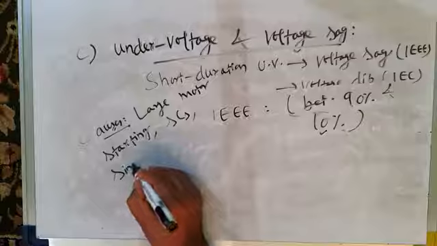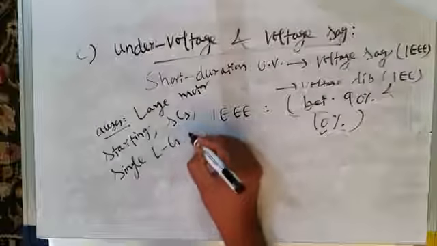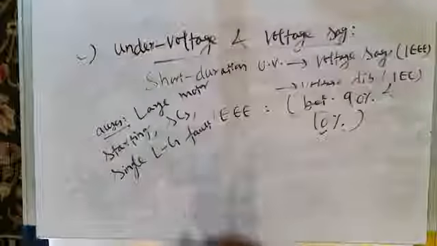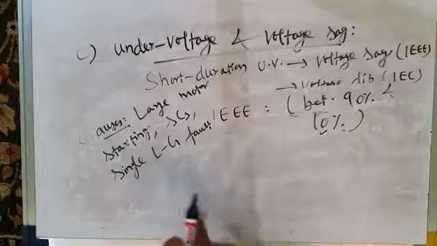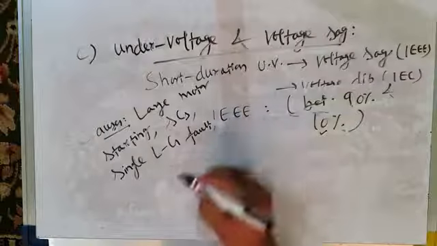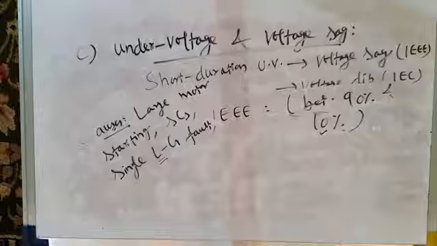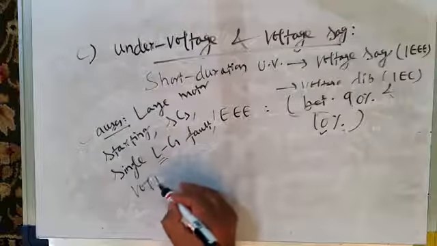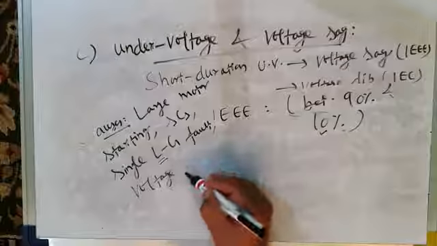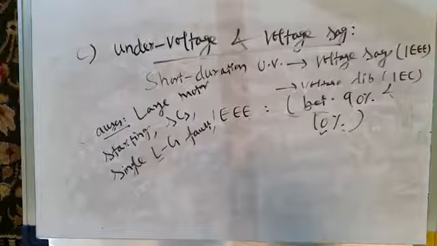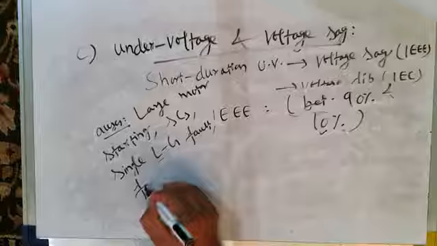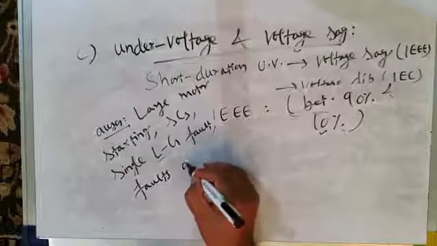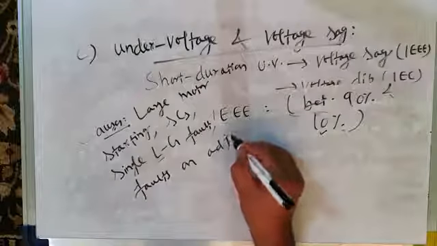A single line to ground fault will also cause a dip in the voltage, maybe of that particular phase or line. And then faults on adjacent lines.